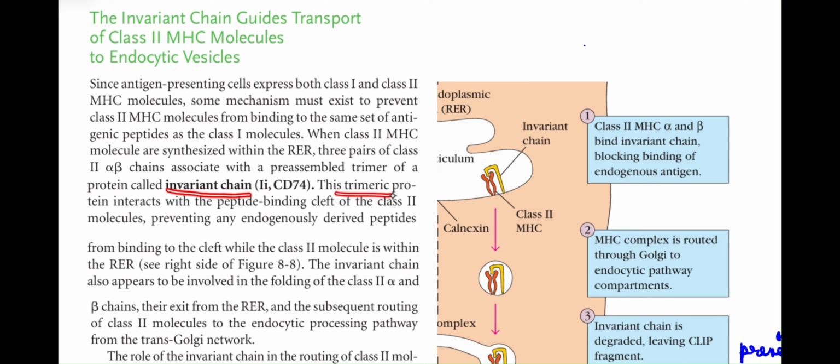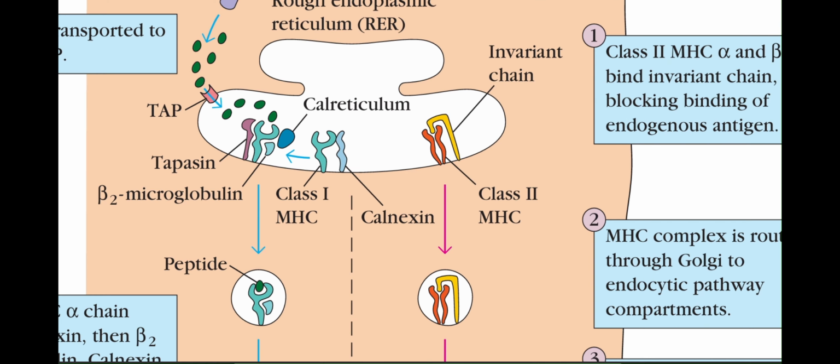The invariant chain itself is a trimeric protein and it will bind and interact with the peptide binding cleft of the class 2 molecules. Now what is the main importance of binding of this MHC with this invariant chain? Inside the rough endoplasmic reticulum, the MHC1 complexes are also present.